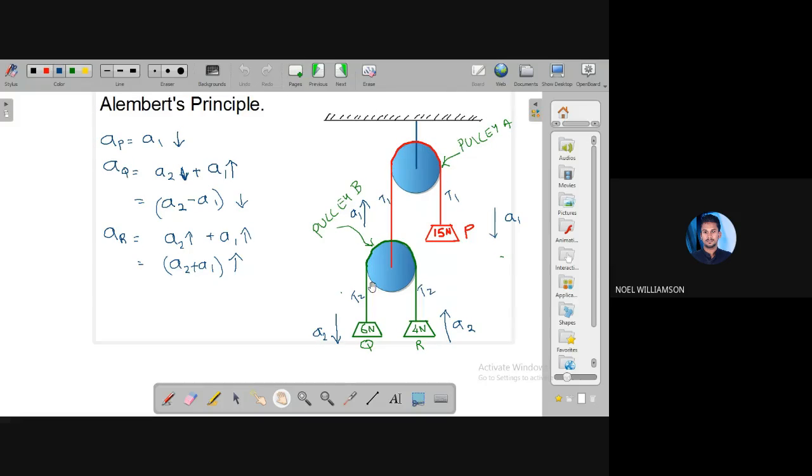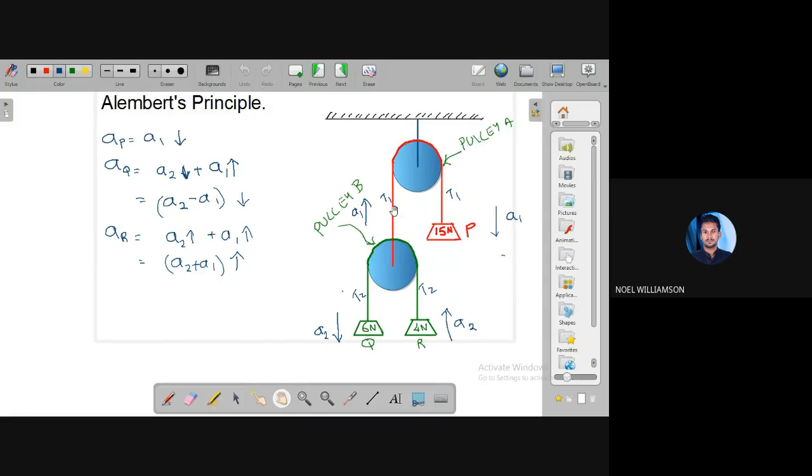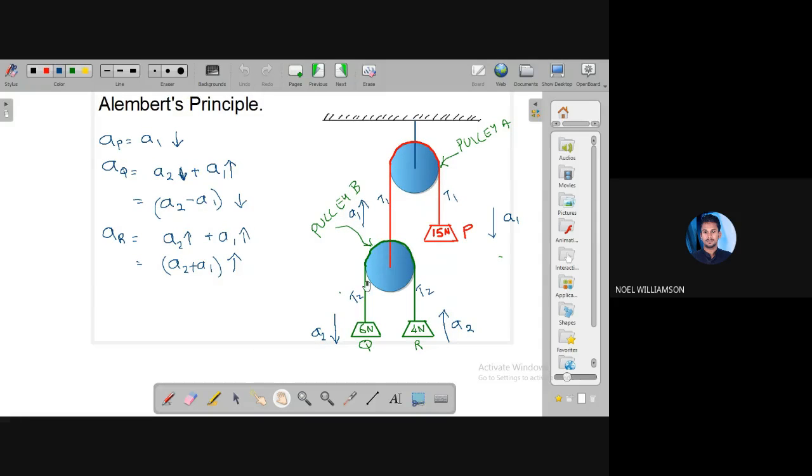T1 will be 2T. We have already done problems like that. So directly, T1 equals 2T2. We will be using these relations for AP, AQ, AR, and this particular relation later.